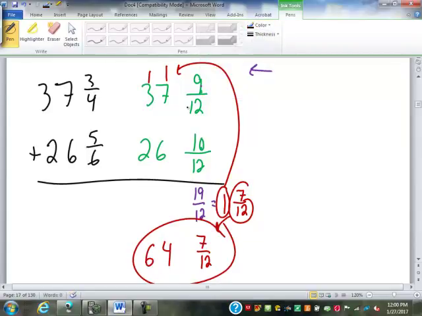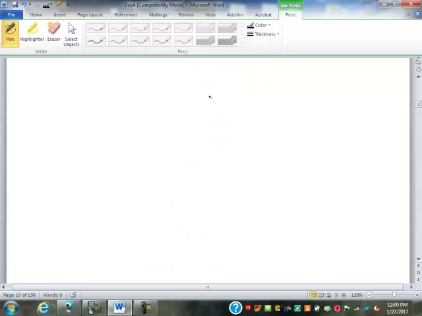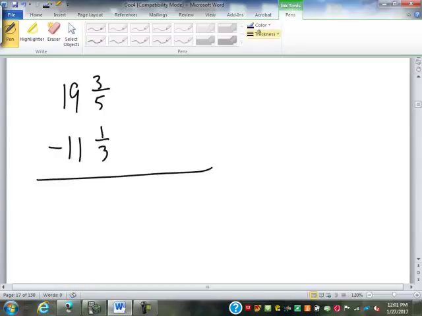Let's look at subtraction. We're going to start in on subtraction with mixed numbers as well. We're not going to spend a lot of time dealing with simple fractions. So let's look at 19 and 3/5 minus 11 and 1/3. And just like addition, we need a common denominator, which is going to be 15. Good.